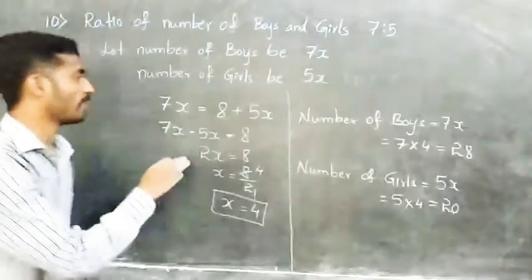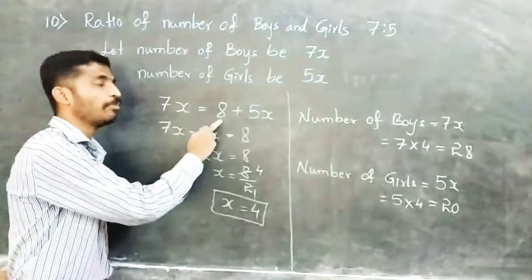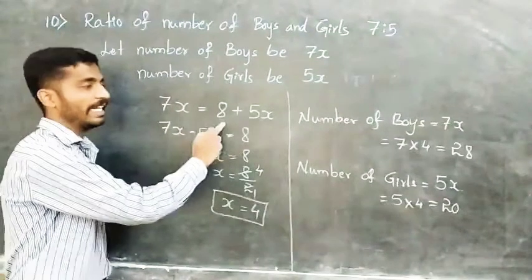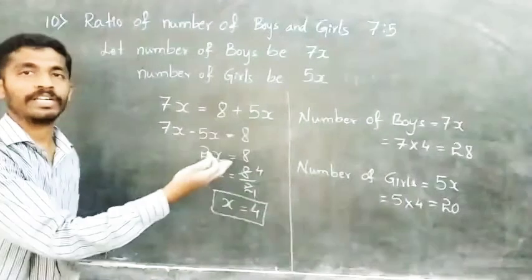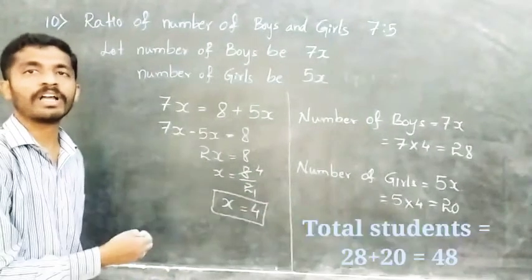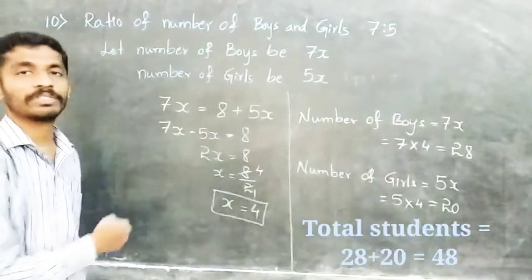See the condition, what they told: boys are 8 more than the girls. Girls are 20, boys are 28, so here 8 are more. So we got the answer rightly. This is our answer.